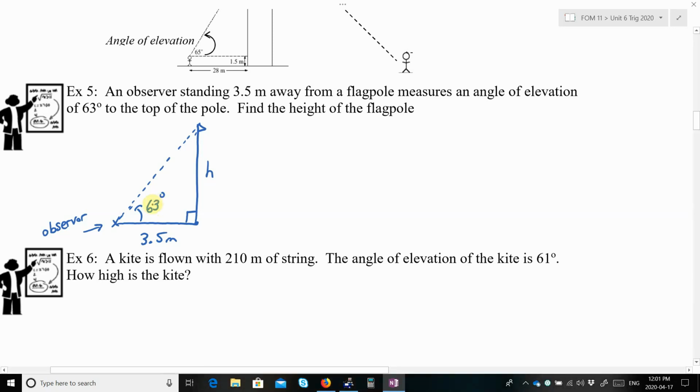Okay, so if we've got angle 63 degrees here, right across from the angle is the opposite side. Across from the 90 is the hypotenuse, which means this 3.5 must be the adjacent. So we have the adjacent, and we're looking for the opposite.